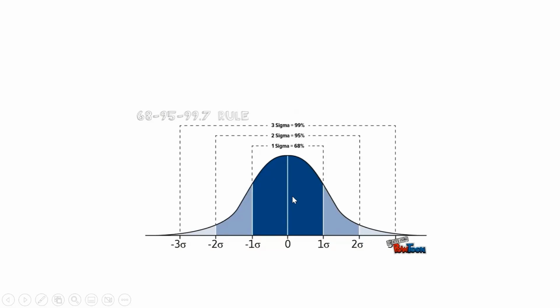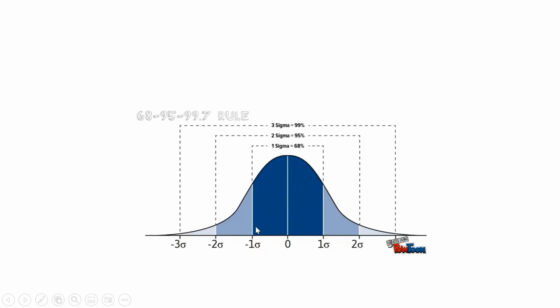Now, this center, the apex here, is the mean. This one is the deviations from the mean. So between here and here is 68%.